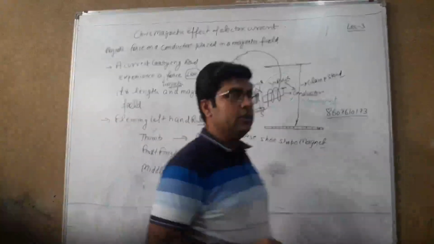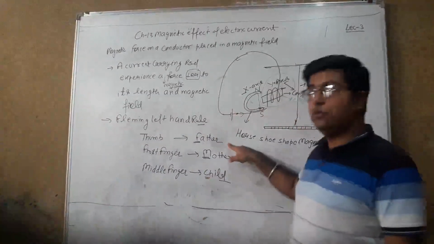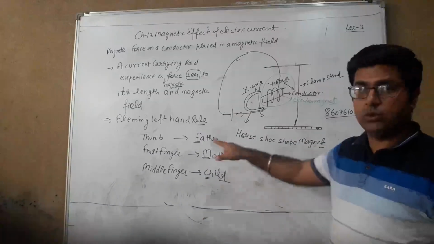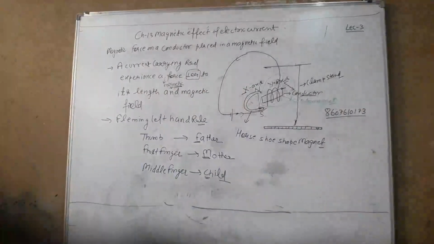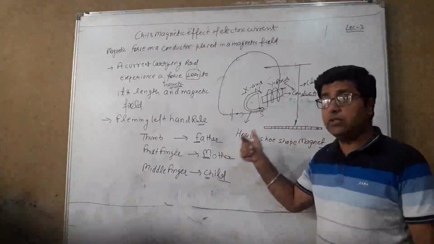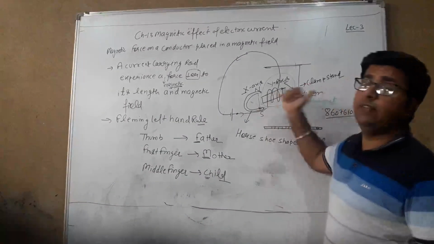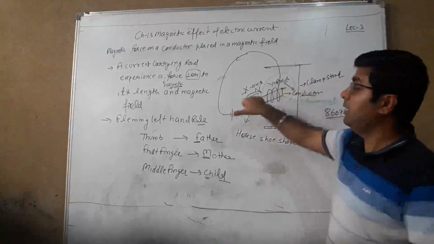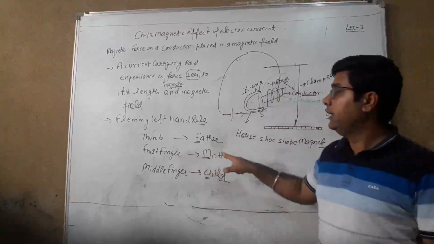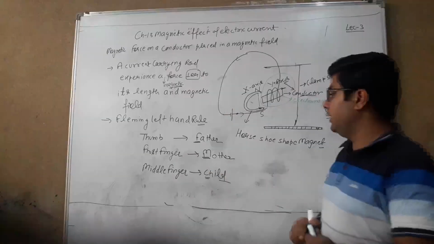F stands for direction of force. Which force? The magnetic force, maybe in this direction, maybe in this direction. First finger, mother, is the direction of magnetic field.